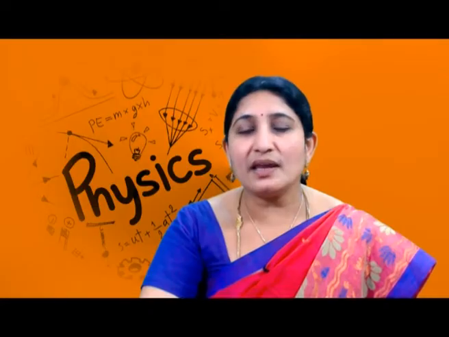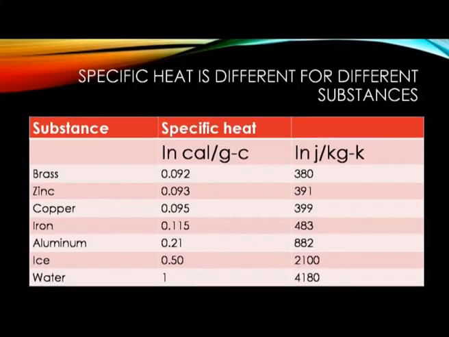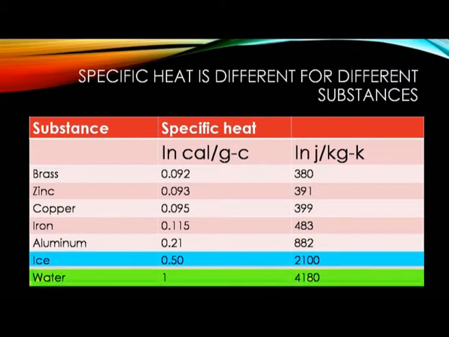Now we shall see what are the specific heat values for various substances. Just see the table. For ice 0.5 calories per gram degree centigrade and for water 1 calorie per gram degree centigrade. That means high specific heat substances will absorb more heat for the temperature rise.